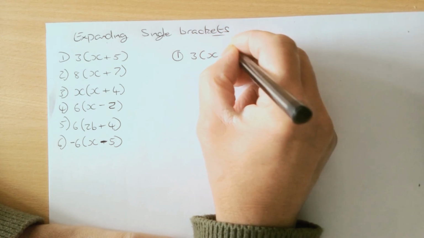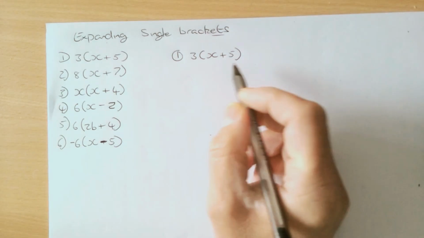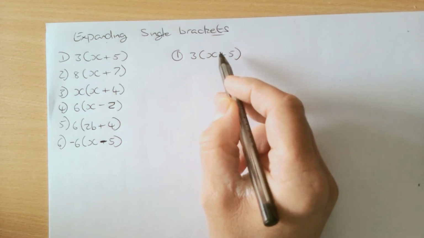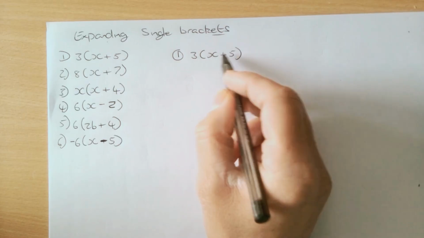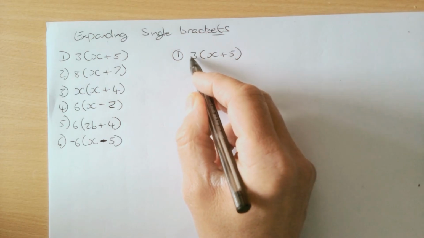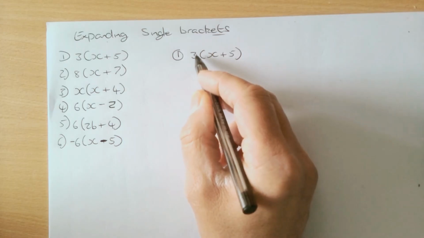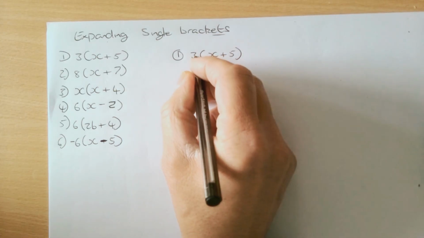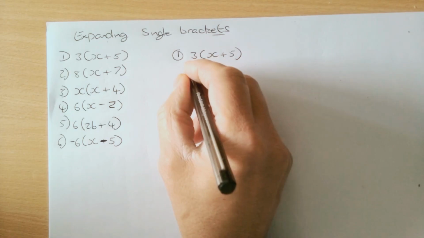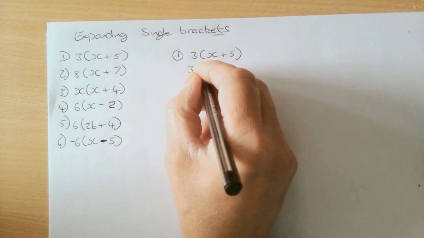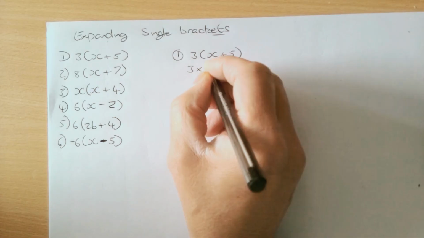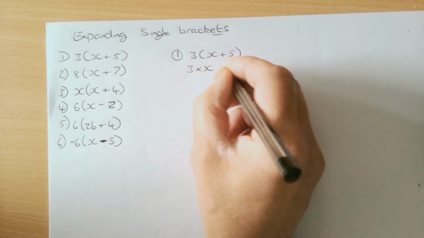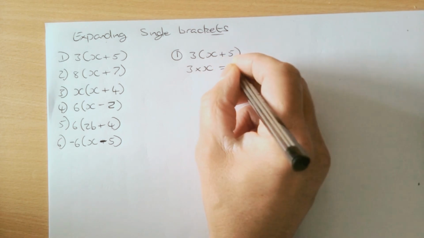Everything inside this bracket will have to be multiplied by this number here. So the first step is 3 times x, and this will equal just 3x.